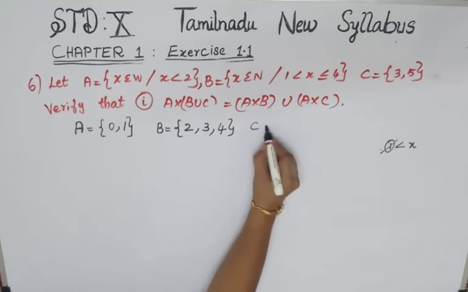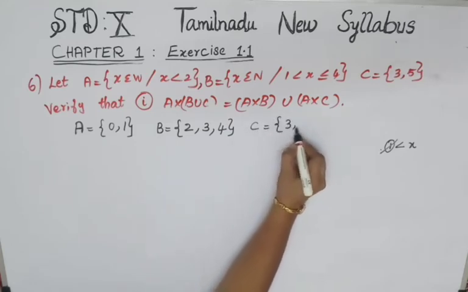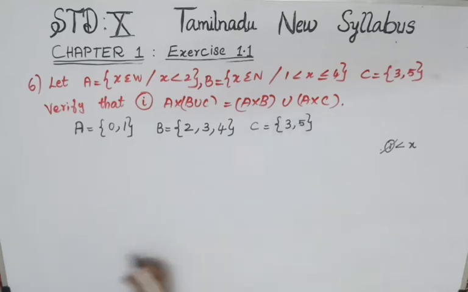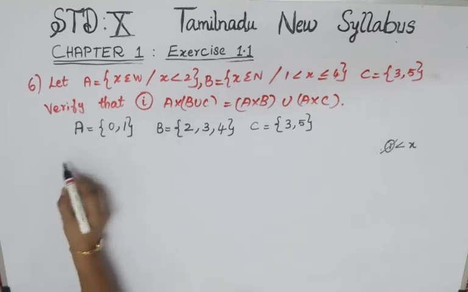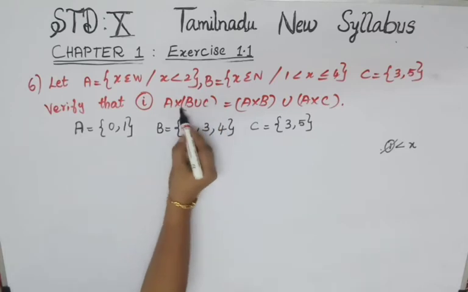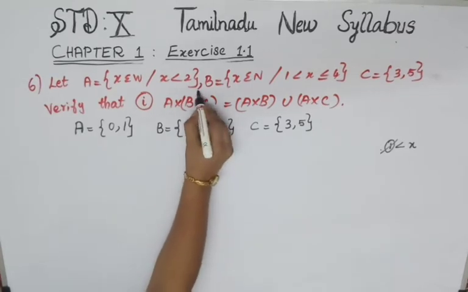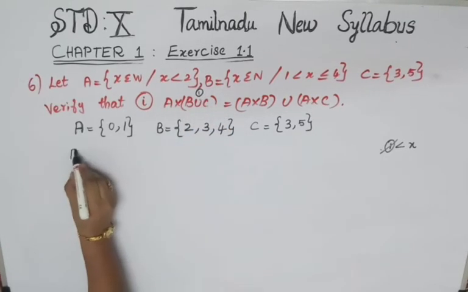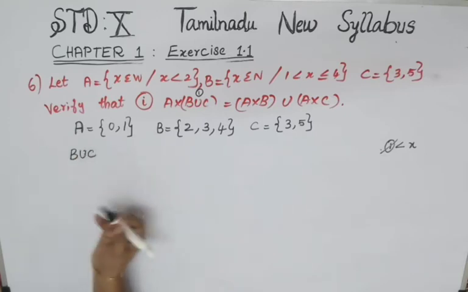Now C = {3, 5}. Now on the left hand side, we'll find A × (B ∪ C). What is inside the bracket we'll find as the first step. So B ∪ C you will have to find first.